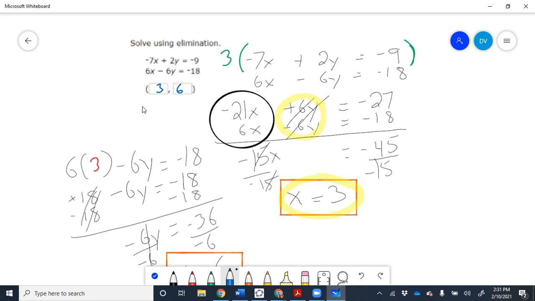Now, before I move on, I don't like to use the words have to, but you really should check to see if your answer is right. When it's IXL, if you get the wrong answer, it's going to take a bunch of points, and we don't want to do that. And here's how we'll check to see if it's right. Let me write the answer right here.